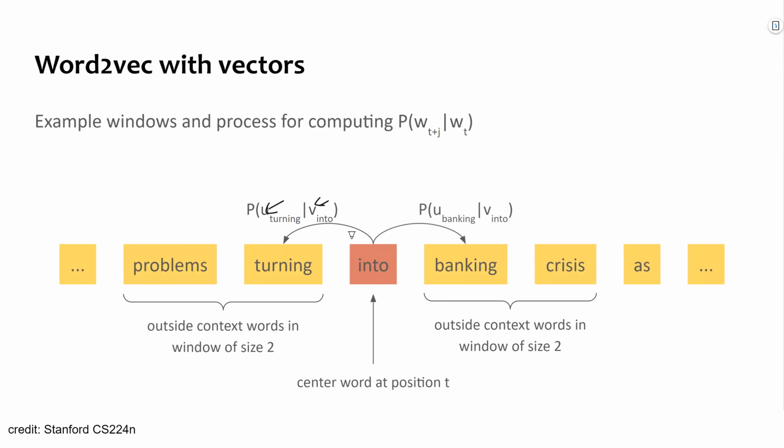For other words, we do this as before. So here we use U for banking and V for into, and the other words follow the same way.